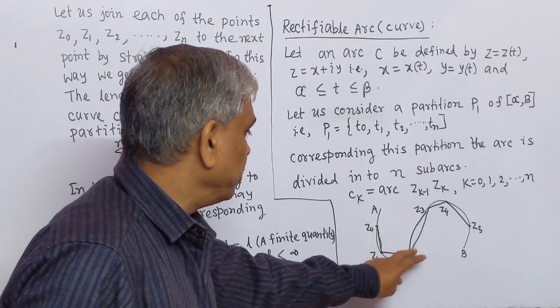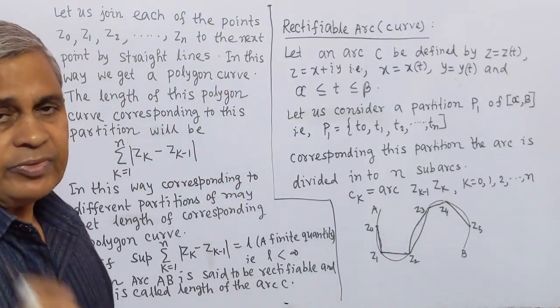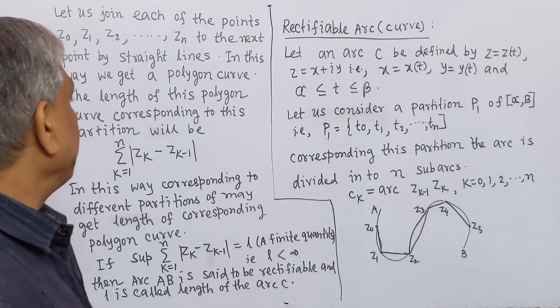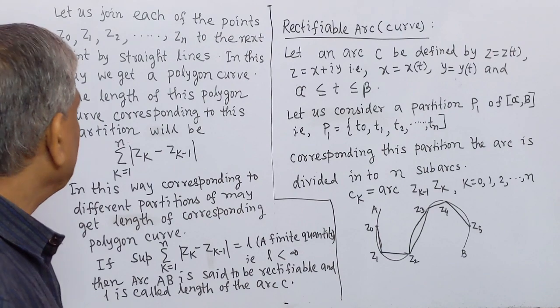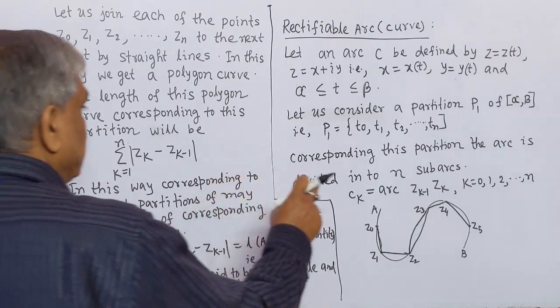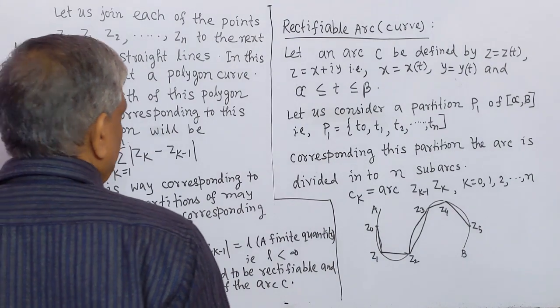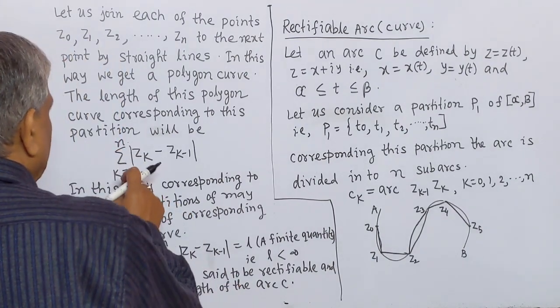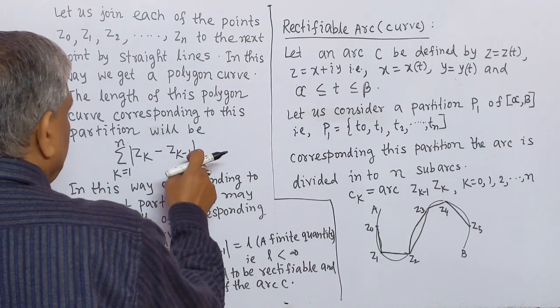These are straight lines, so this is called a polygon curve. The length of this polygon curve corresponding to this partition P1 will be sigma k equal to 1 to n modulus of zk minus zk minus 1.